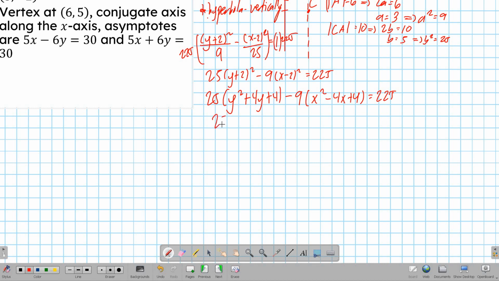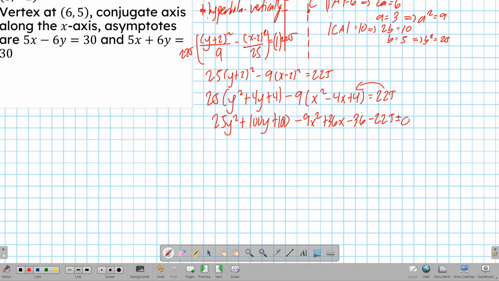This becomes 25y squared plus 100y plus 100. Then we distribute negative 9. This becomes negative 9x squared plus 36x minus 36, because this is negative 9 times negative 4x, and negative 9 times 4.